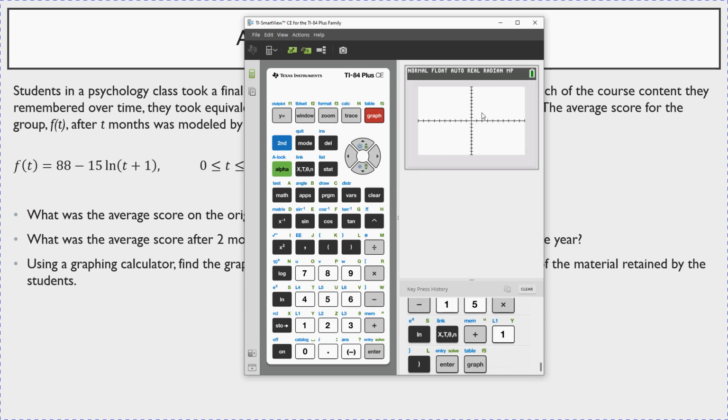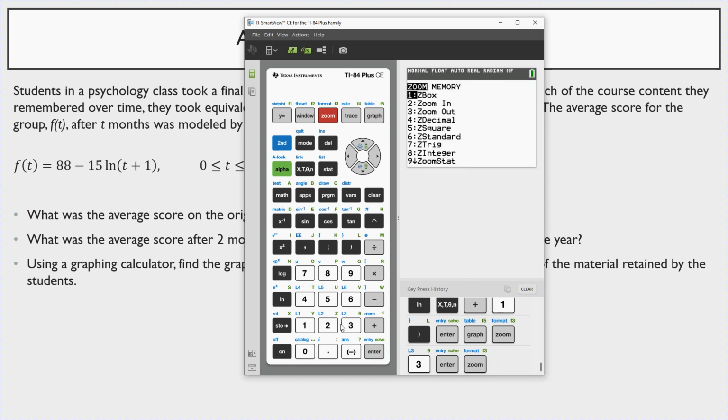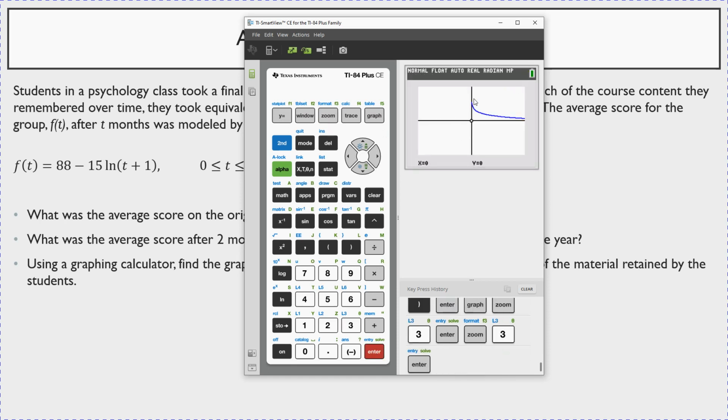Now when you hit graph, you'll notice you don't see it, so you just have to zoom out, and you might have to keep zooming out until you get to it. And this is what the graph looks like. It looks like there's a big drop of knowledge initially, and then it's a slower loss of knowledge.